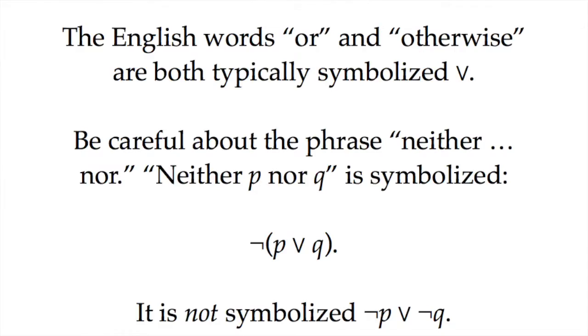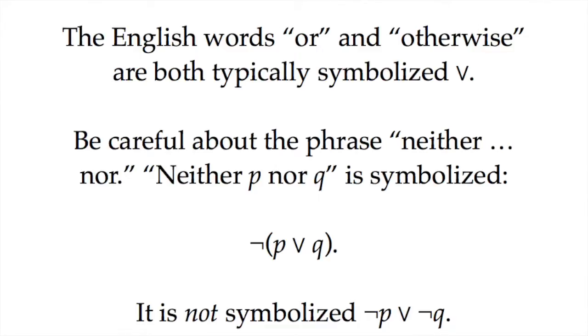Now, the English words or and otherwise are both typically symbolized with the or sign. But you need to be careful about the phrase neither nor. Neither P nor Q is symbolized not, parentheses, P or Q. It is not symbolized not P or not Q. This is super important to realize, right?